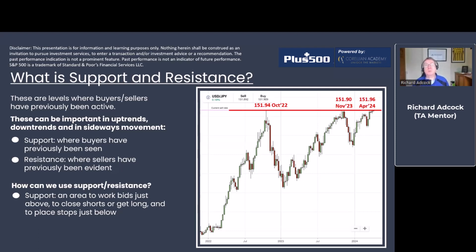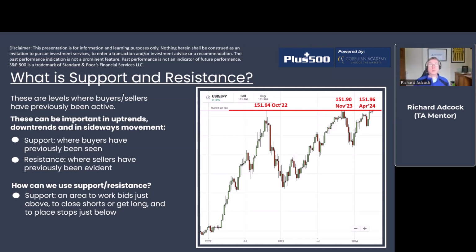We could also use support as an area where we anticipate the market rallying from. And if we're short, we could use that to close those positions. Or we could view support as an area where we can get long. We're looking for a correction. Maybe the market's become overextended to the upside in our other analysis, and we're looking for a correction back towards the support point so we can look to get long against it.